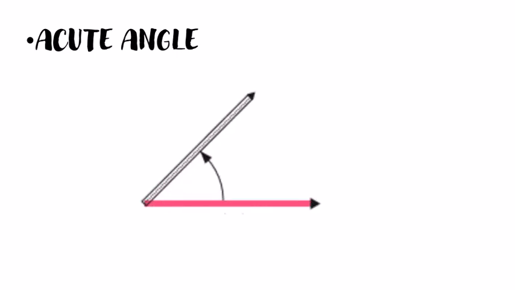Second type of angle is acute angle. Now, the acute angle is always greater than 0 degrees and less than 90 degrees. So, any angle which is greater than 0 degree but less than 90 degree is called as an acute angle. Third type of angle is a right angle.